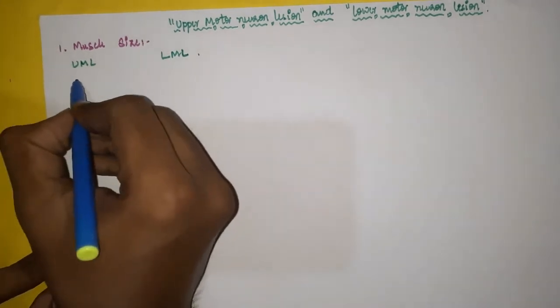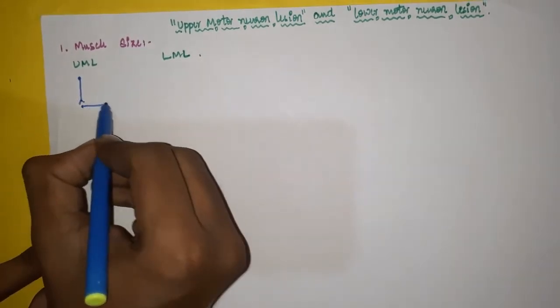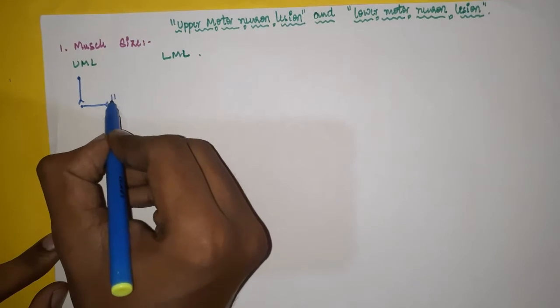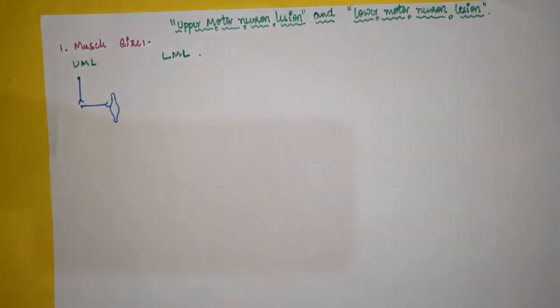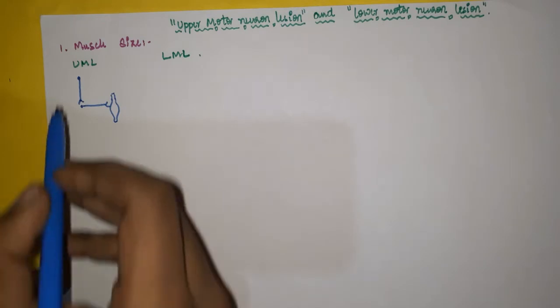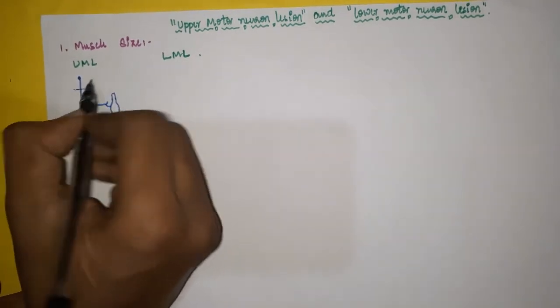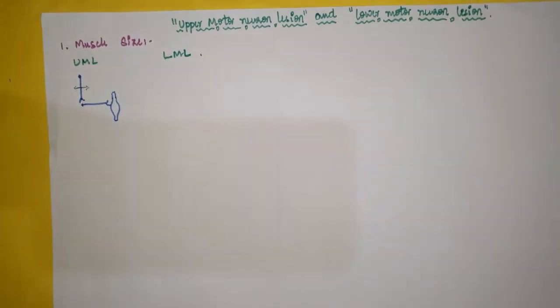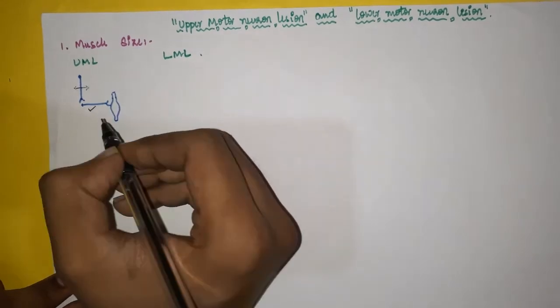In upper motor neuron lesion, see, this is the muscle. This nerve, the upper motor neuron, will be damaged, but there is intact lower motor neuron supply to this muscle.